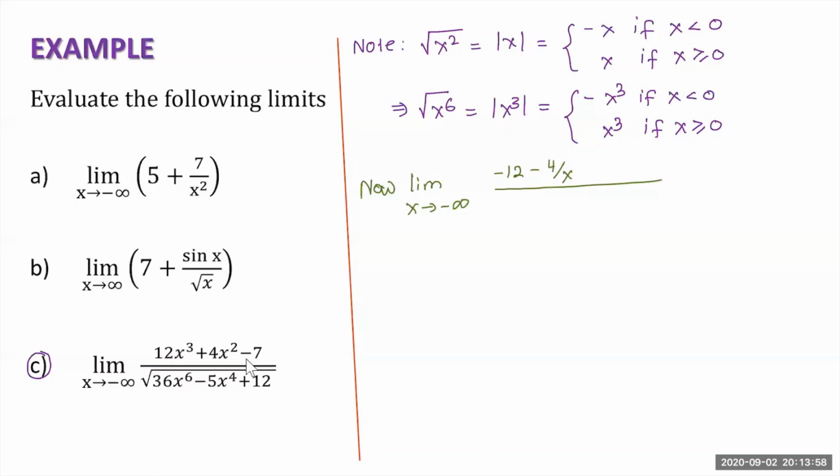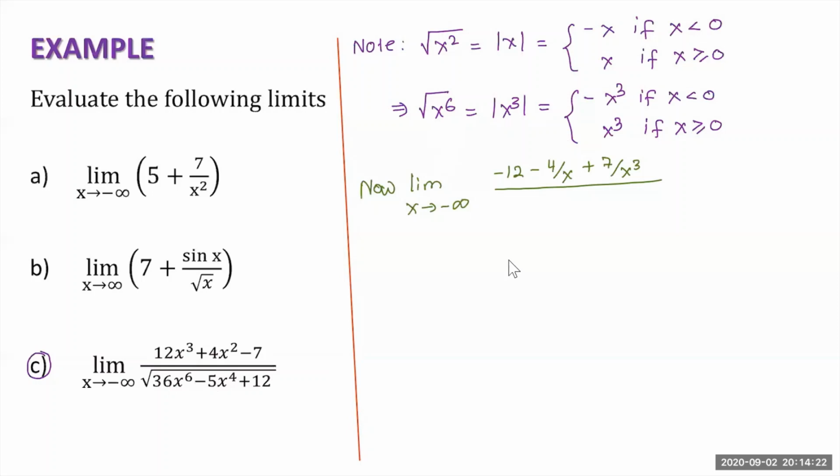You are dividing by a negative, so it will be positive 7. You are dividing by x to the third, so 7 over x cubed. So all this is happening in the numerator without a square root. If there is no square root, it is negative x cubed when x is negative. But inside the square root, just divide by x to the 6 and you are good.